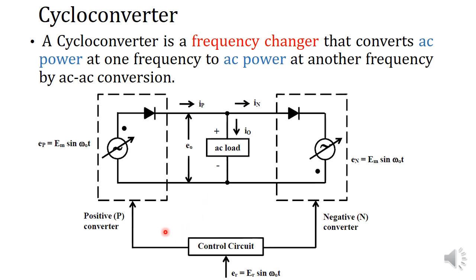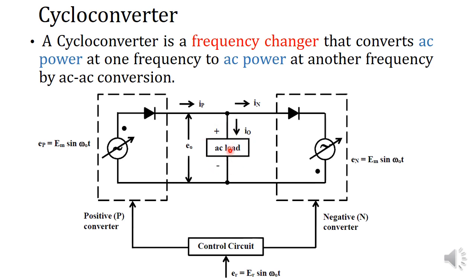This is the basic block diagram of a cycloconverter. Basically, there will be two converters, a positive converter and a negative converter. In every cycloconverter there will be a P converter and an N converter. Both will be feeding the same AC load.